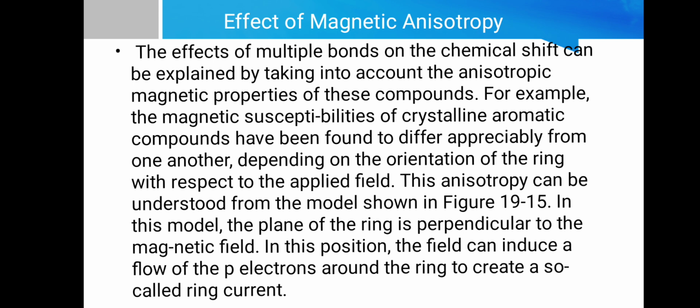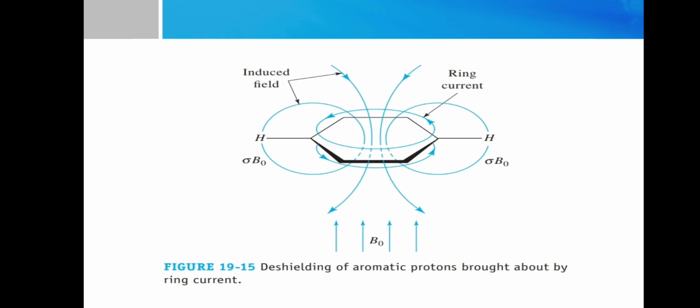This anisotropy can be understood from the model shown in figure 19.15. In this model, the plane of the ring is perpendicular to the field, inducing the p electrons around the ring to create a so-called ring current. So this is the induced field, the ring current, and the applied magnetic field. The shielding of aromatic protons is brought about by the ring current.